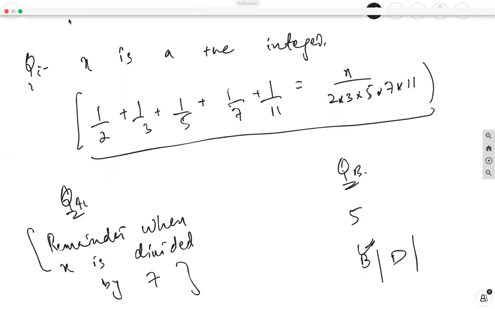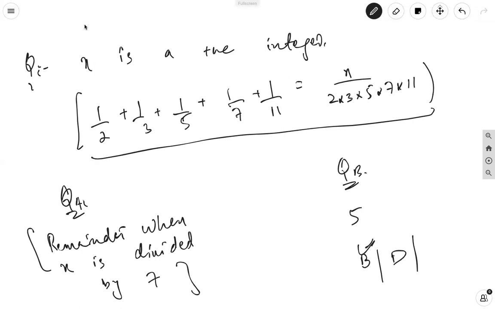Just be quick. Try to solve this as quickly as possible. B. B?